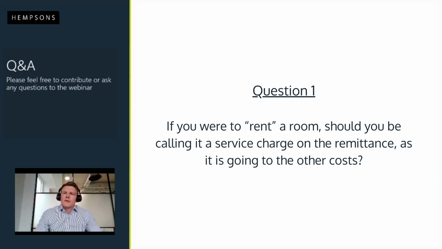Okay. This sounds like it refers to what I was discussing earlier about this double income principle. I'm not sure who's asked the question, but I think the point is that they've got, let's say, a third party occupying a room within the premises, and they're charging money for them to occupy that space.